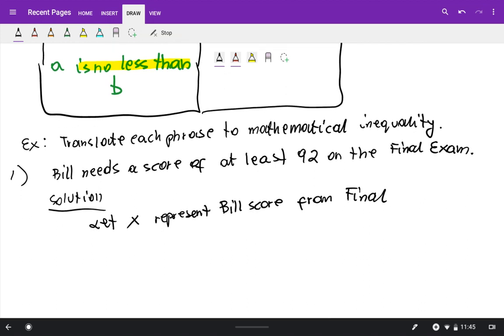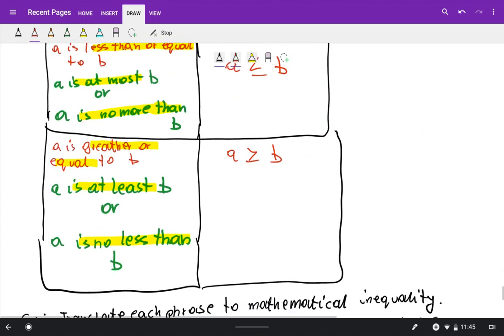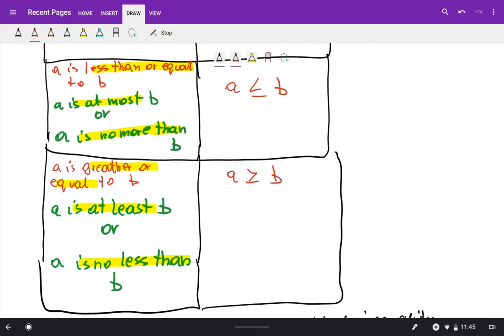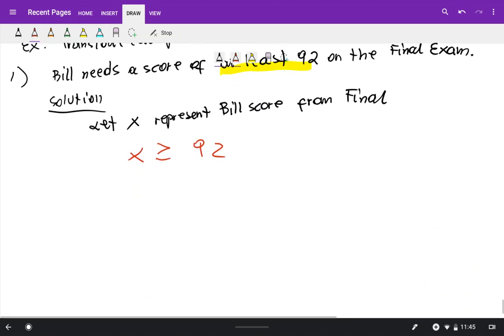So Bill needs a score at least 92. How are we going to translate that? This one will just be that x at least means greater or equal. So x greater or equal 92.